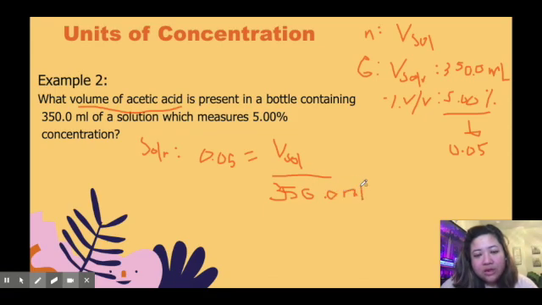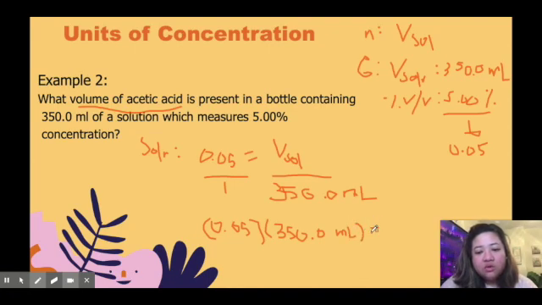Okay. So now what we are going to do is cross multiply. So this is automatically over 1. So 0.05 times 350 ml, we put parentheses, 350.0 ml, is equal to the volume of solute.